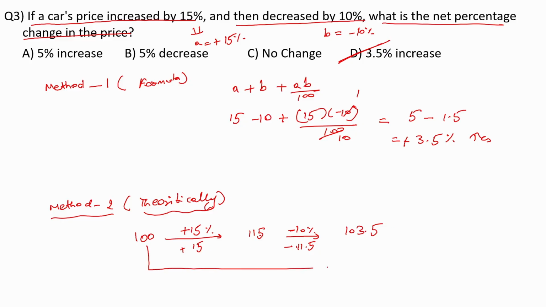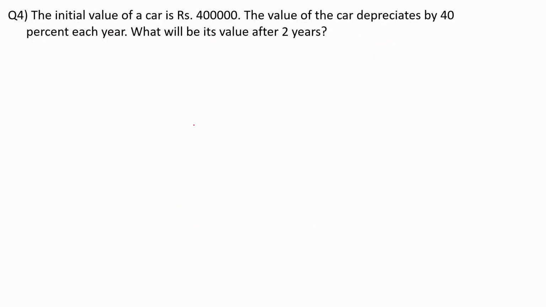So the change is 3.5 upon initial value 100 into 100. That gives me a 3.5% increase. I hope everyone is clear with both the methods. Let's go to the next question.